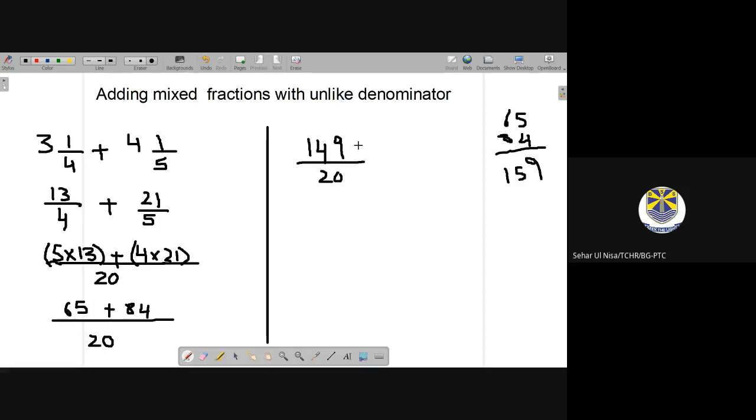We have to see 149 and divide it with different numbers. So we were checking it with 3, and then in 4's table I don't think 29 is available, in 5's table, in 7's table, 8's table, 9's table I don't think 149 is available.